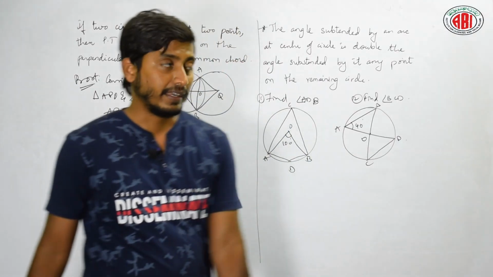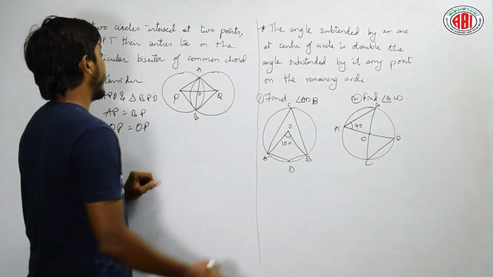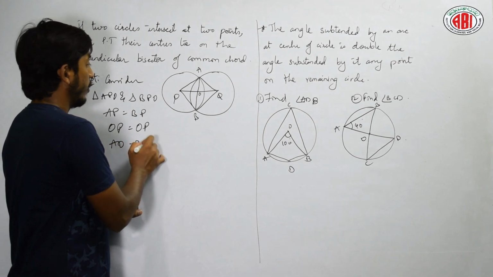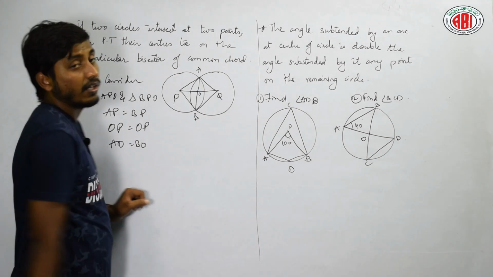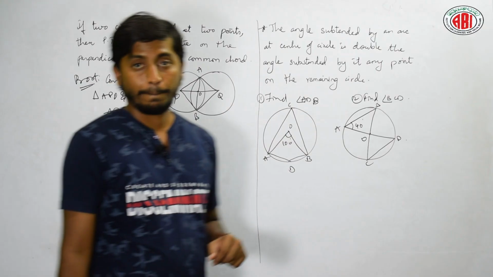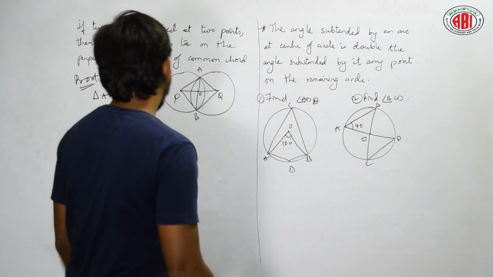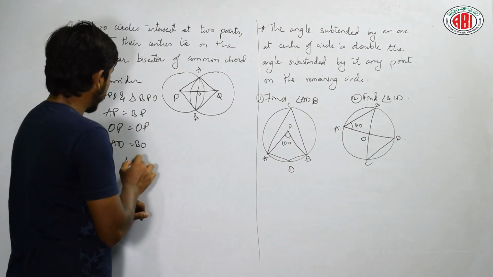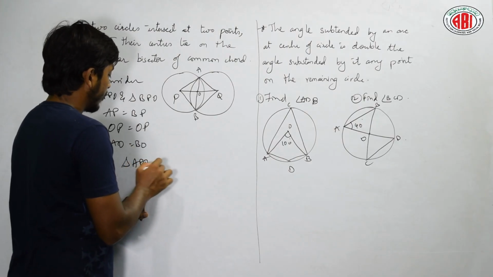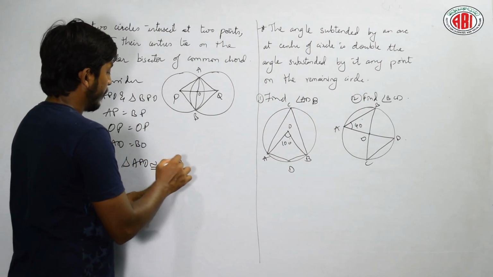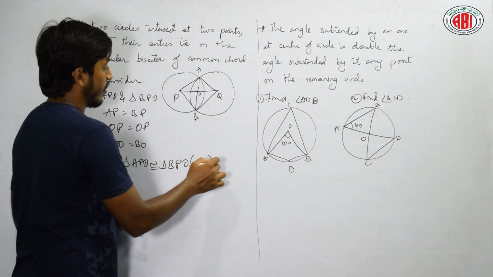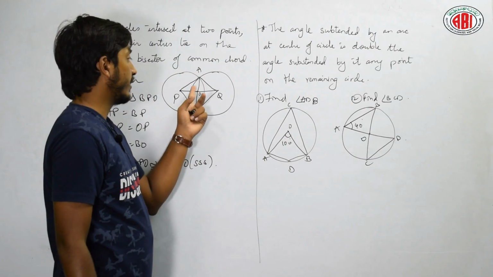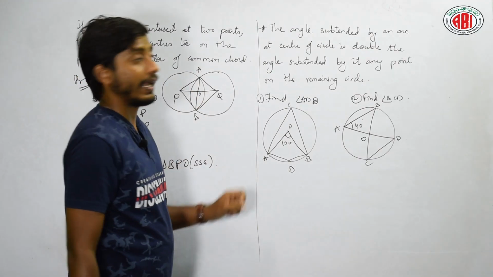And not only that, AO is equal to BO, because we have considered O as a midpoint. By these three things, triangle APO is congruent to triangle BPO by SSS congruency.